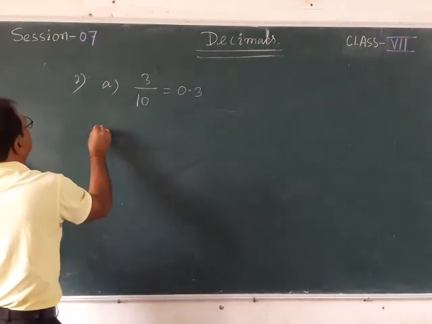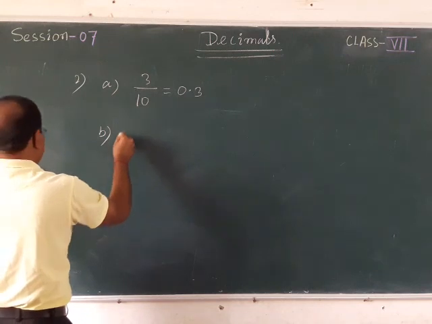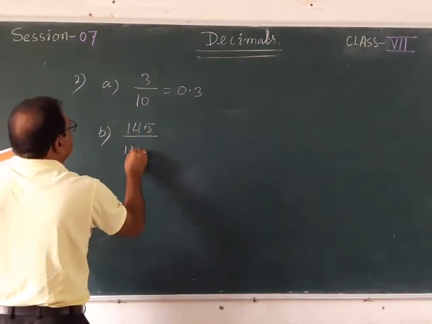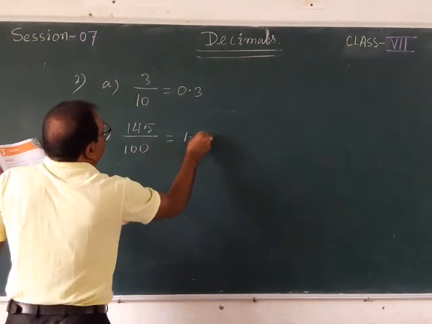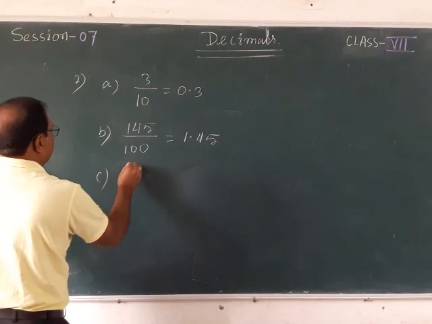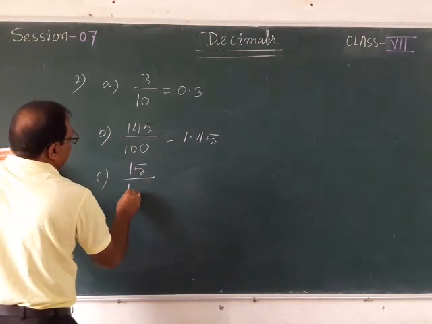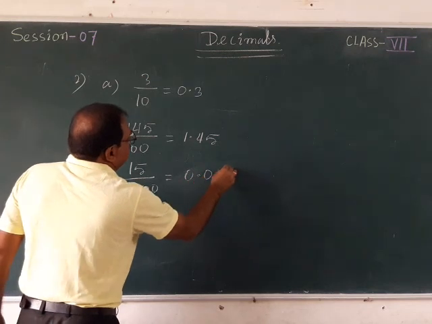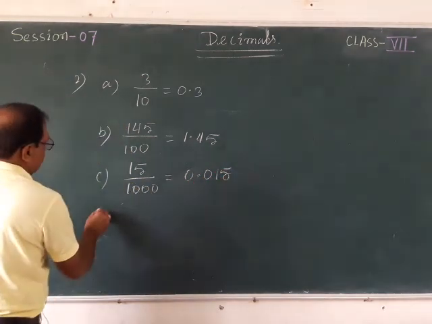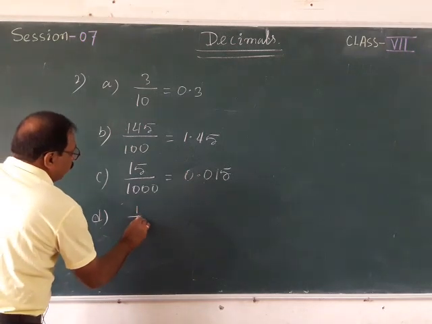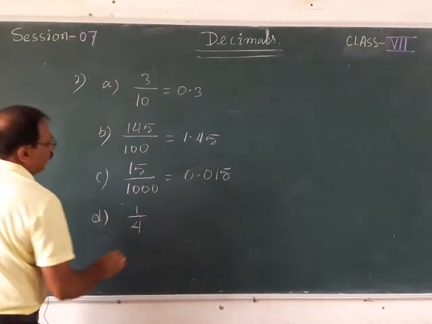Then B is 145 upon 100, which you can write as 1.45. Then C is 15 upon 1000, which you can write as 0.015. Then D is 1 upon 4.